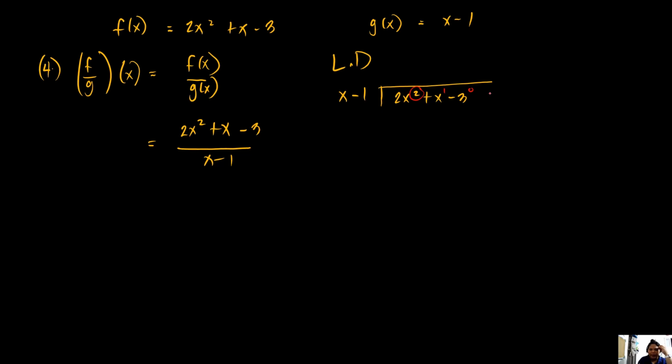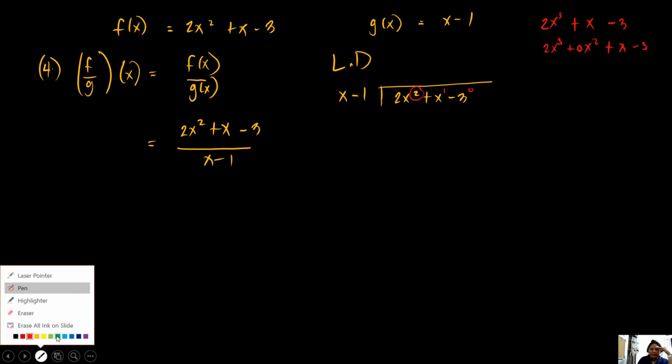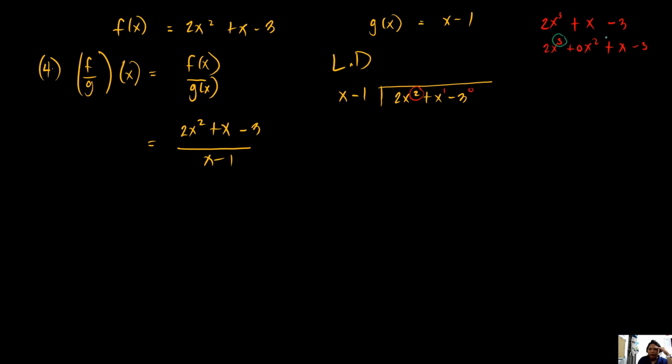For example, what if some are missing? Let's say we have 2x cubed plus x minus 3. All you have to do is substitute: we have 2x cubed plus 0x squared plus x minus 3. Now they are consecutive: we have 3, 2, 1, and 0.